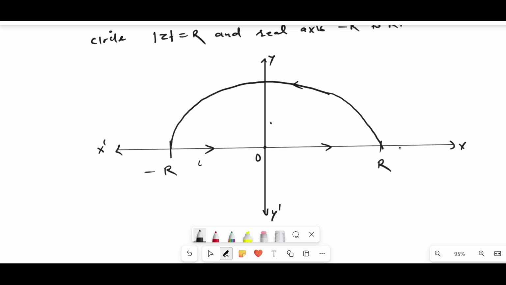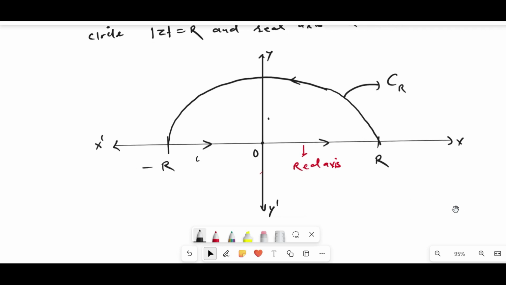That is the real axis, and this curve will be known as the circle having radius r.